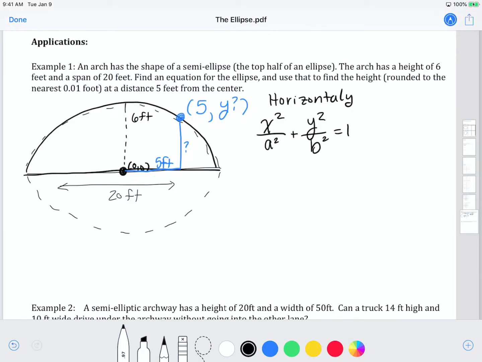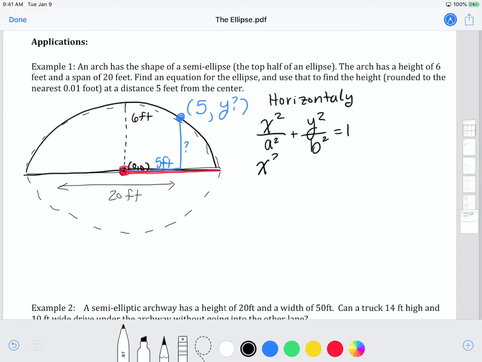Well, our a is the distance from the center out on the major axis. From the center out on the major axis, that's a distance of 10 because the entire distance of the major axis is 20. Half of it from the center out would be 10.